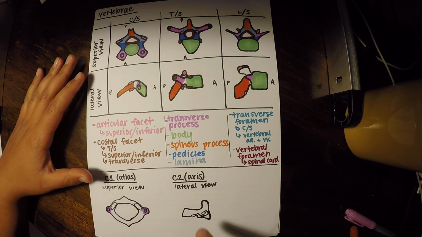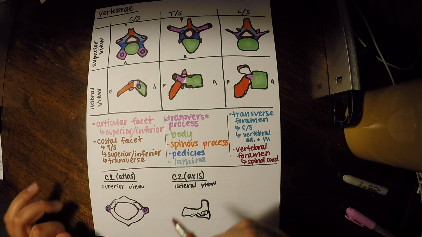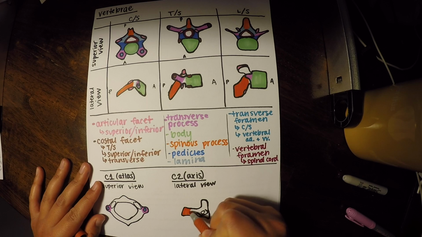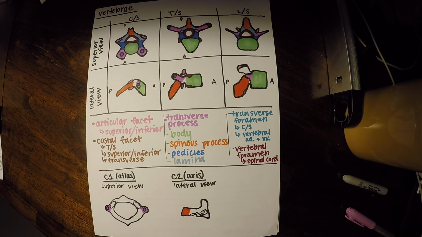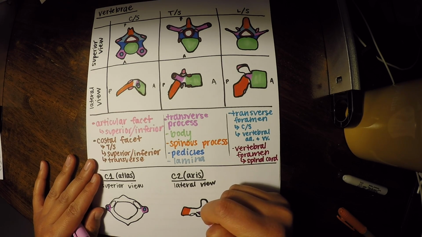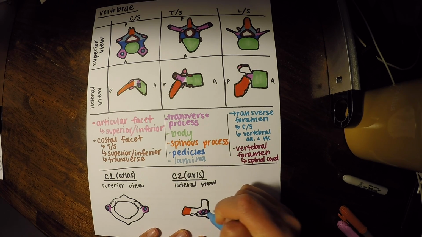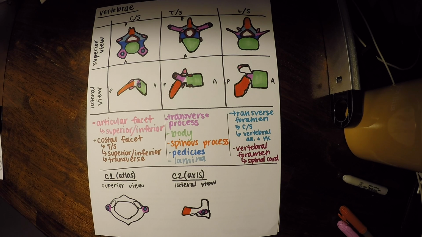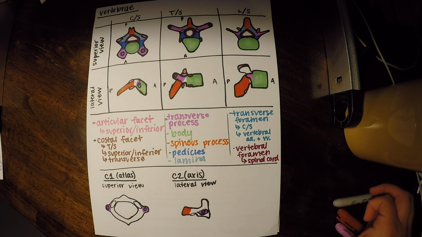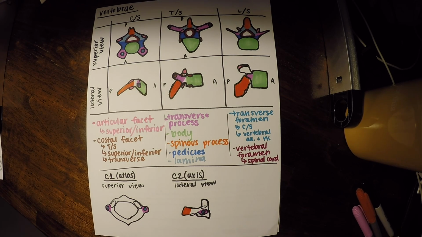So this C2 starts looking a little bit more like this. So let's color that in. We are going to have a spinous process here on C2. And same thing as we saw on C1 and every other cervical spine vertebrae, we are going to have a transverse process and a transverse foramen for our vertebral artery and vertebral vein to travel through. And you'll also be able to see our articular facets. So we have a superior and inferior.